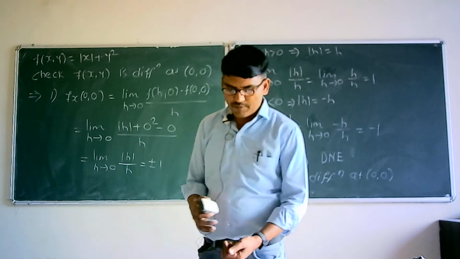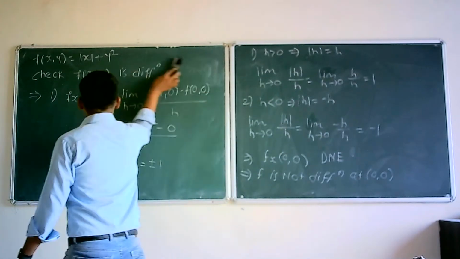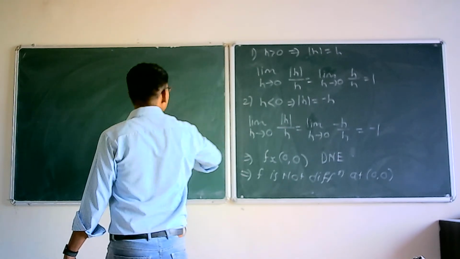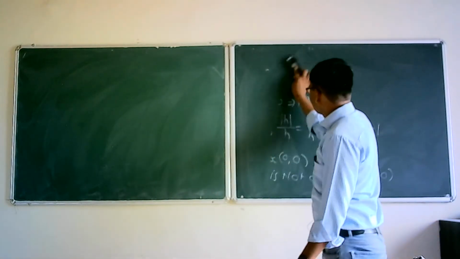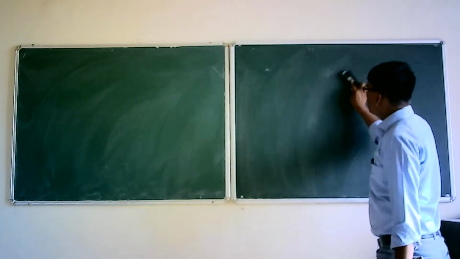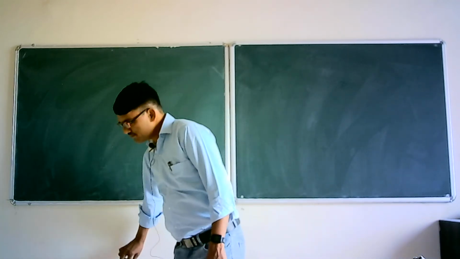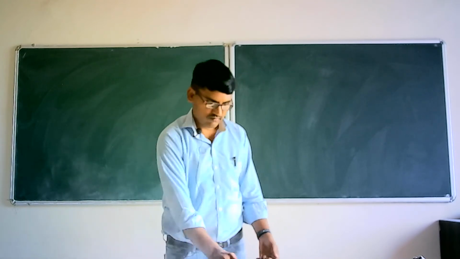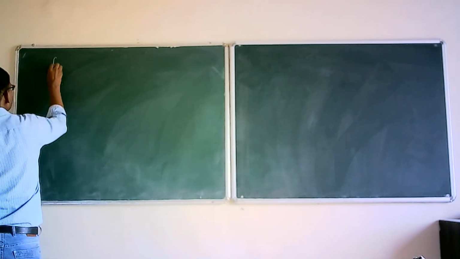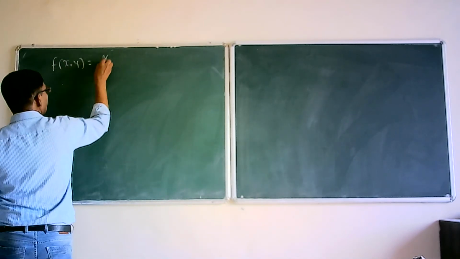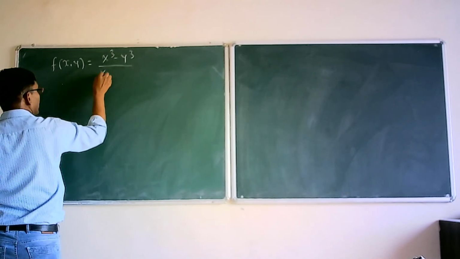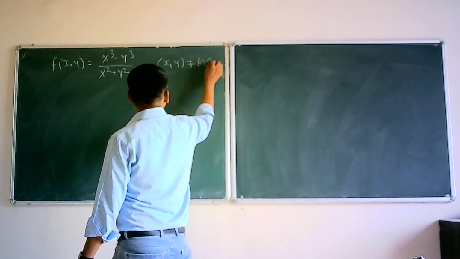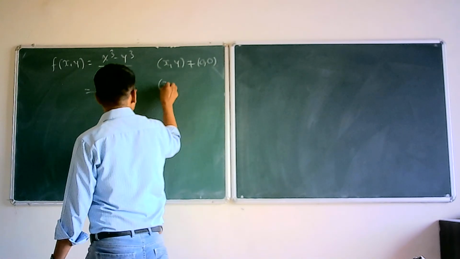Take one more example. f(x, y) is equal to (x cube minus y cube) divided by (x square plus y square) if (x, y) is not equal to (0, 0), and equal to 0 if (x, y) is equal to (0, 0).